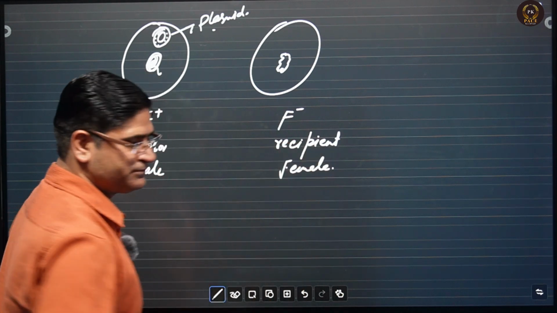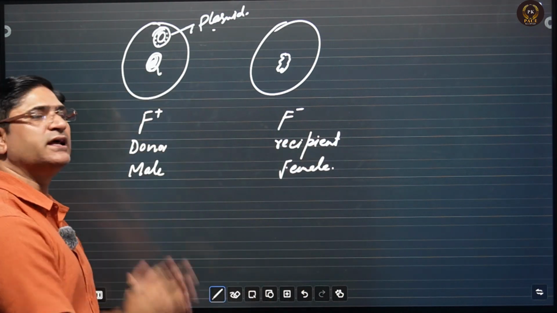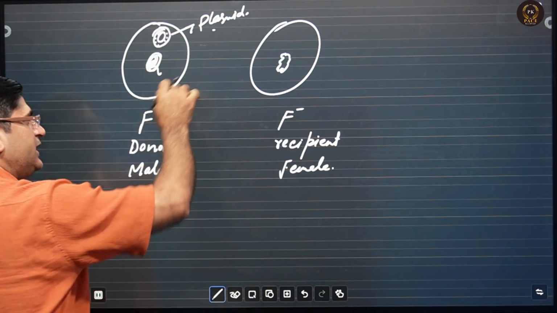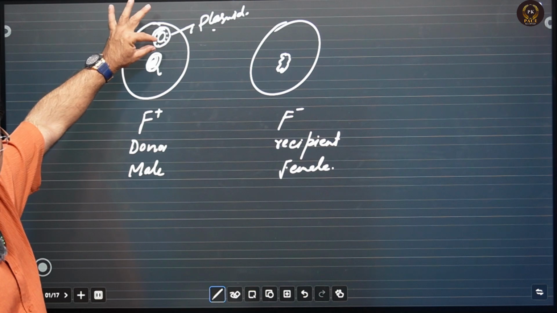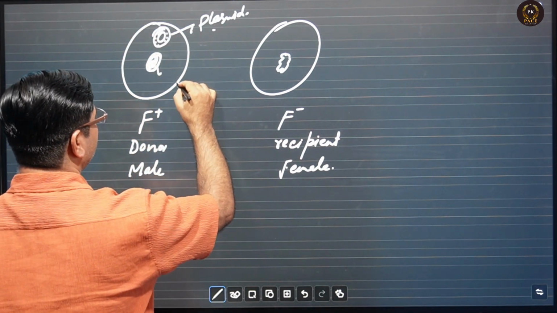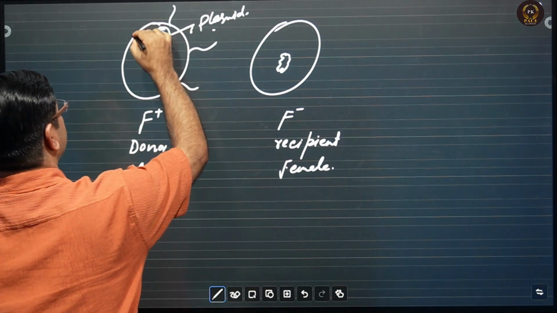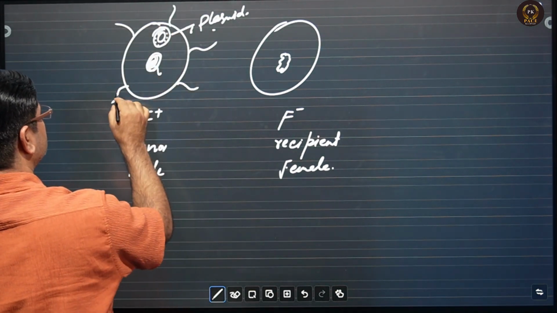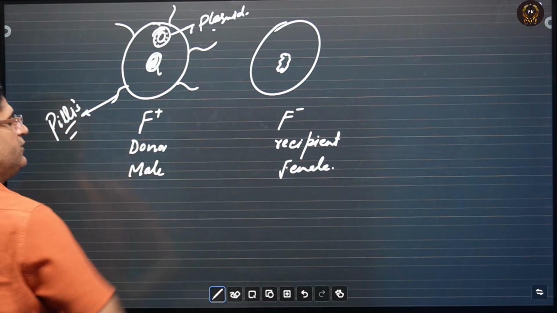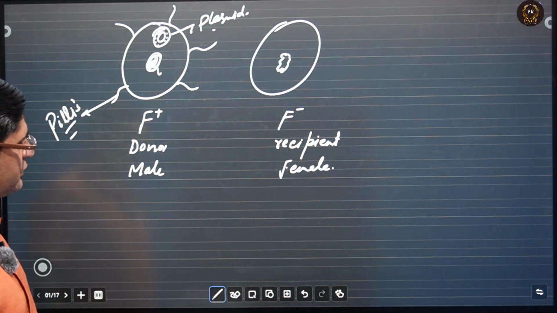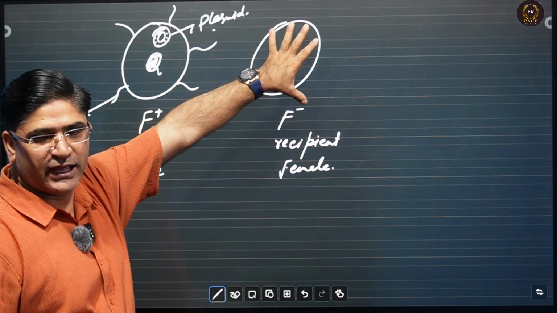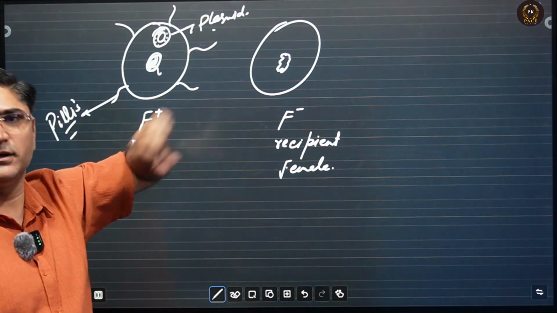Bacteria which have plasmid DNA have pili on their body, which you have already seen in the structure. Bacteria which do not have the plasmid DNA do not have pili on their body.